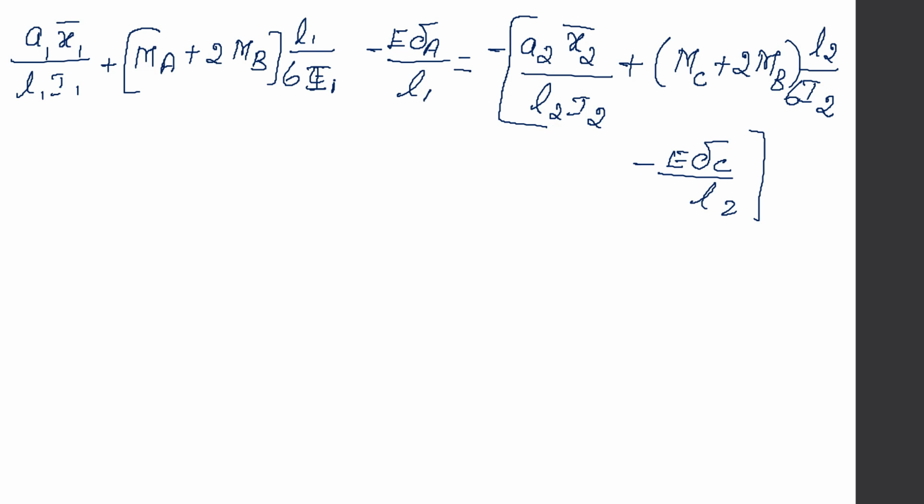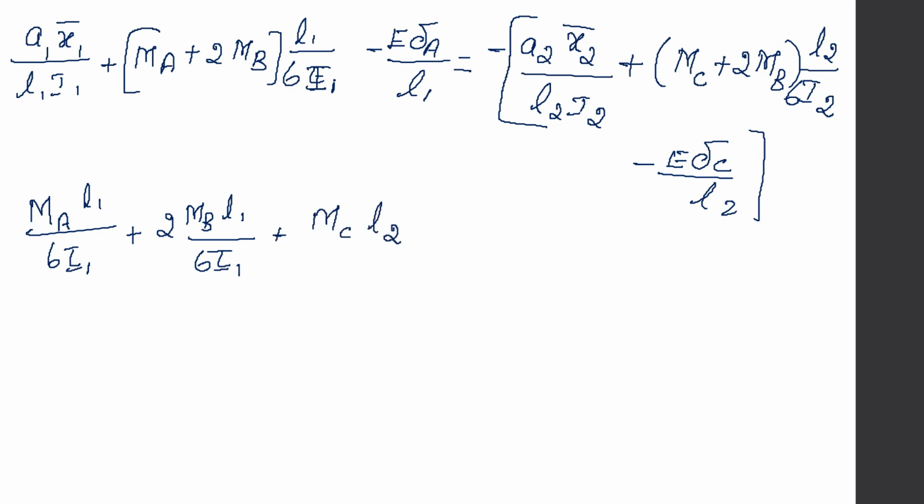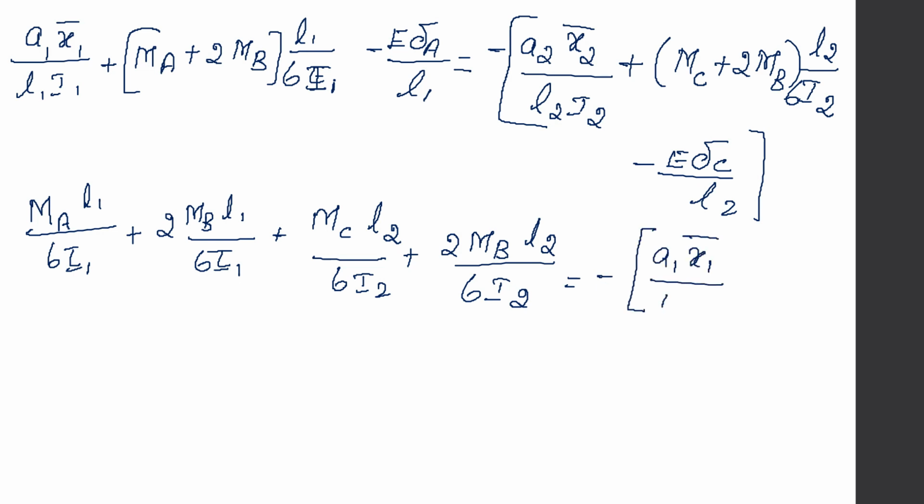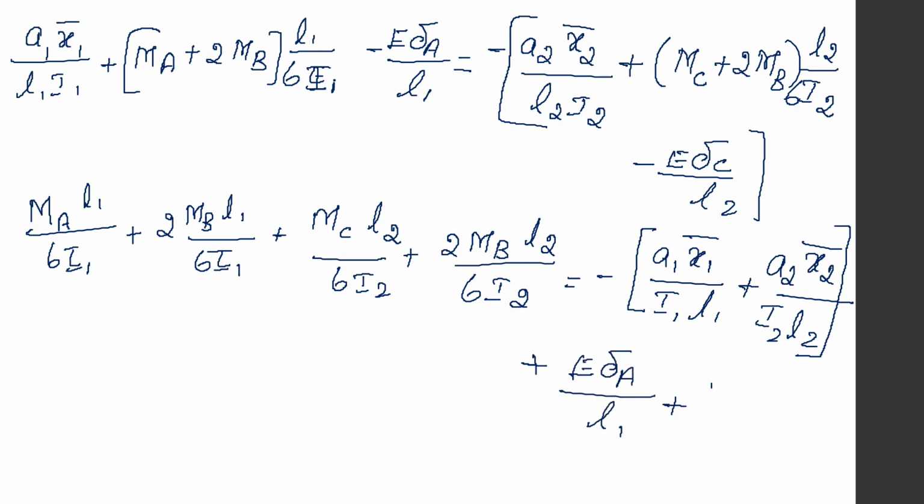So, which implies MA into L1 by 6 I1 plus 2 MB into L1 by 6 I1 plus MC into L2 by 6 I2 plus 2 MB into L2 by 6 I2 is equal to minus of A1 x1 bar by I1 L1 plus A2 x2 bar by I2 L2 plus E delta A by L1 plus E delta C by L2.